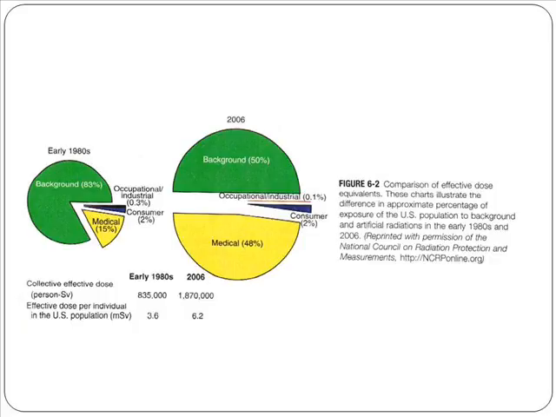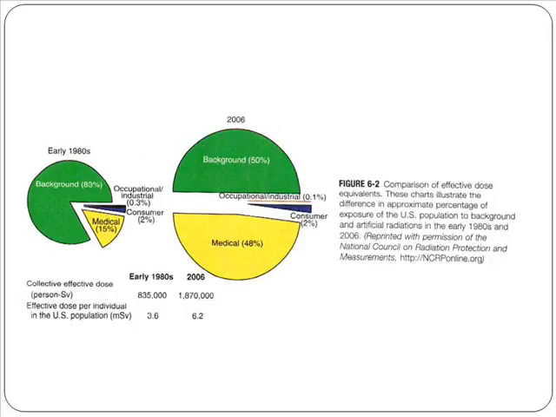About 15% was medical, and all the rest of the radiation that we received was background, meaning natural radiation, terrestrial or cosmic radiation, radiation from outer space or from the Earth. Fast forward to 2006, and the background radiation is only 50% now. Almost 50% of the radiation that we receive is medical radiation.